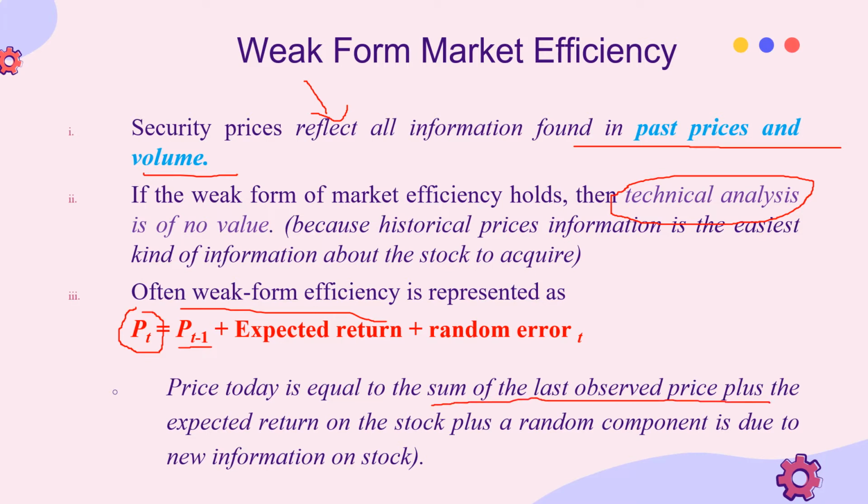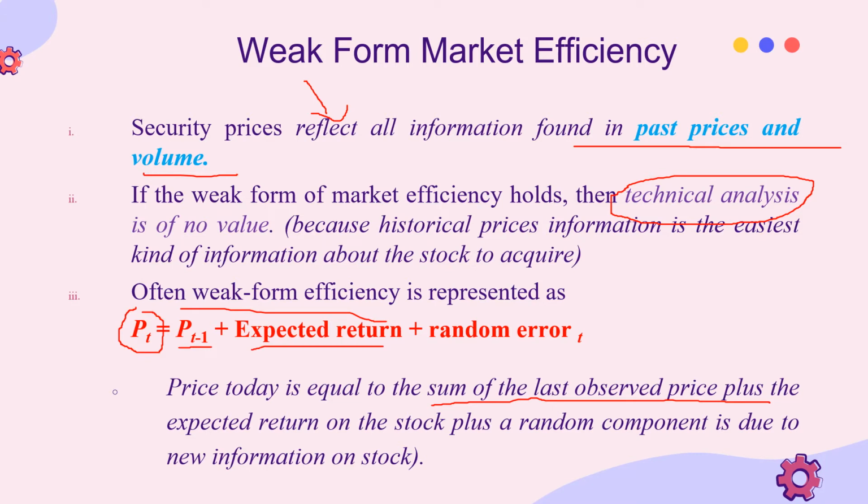So maksud dia last observed price tu mungkin harga semalam ke, harga minggu lepas ke, harga bulan lepas ke. So harga sekarang equal to harga info yang lepas plus expected return.